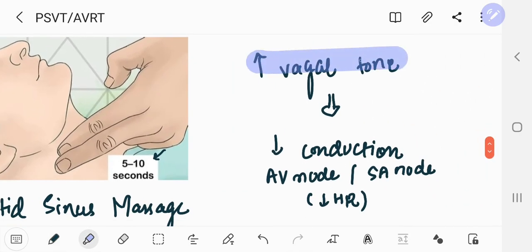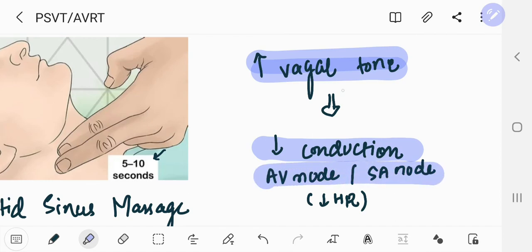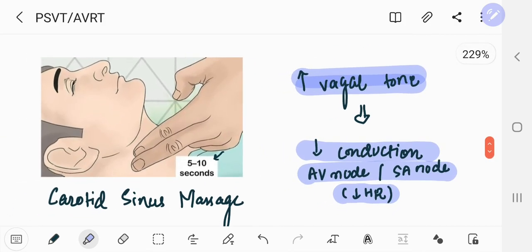If there is more vagal tone, what will happen? It will decrease the firing of the SA node and AV node, because the vagus nerve innervates the conduction system of the heart. So when there is decreased firing from the SA or AV node, there will be decreased heart rate. So we'll achieve what we want to. So the first thing that you do is a carotid sinus massage.